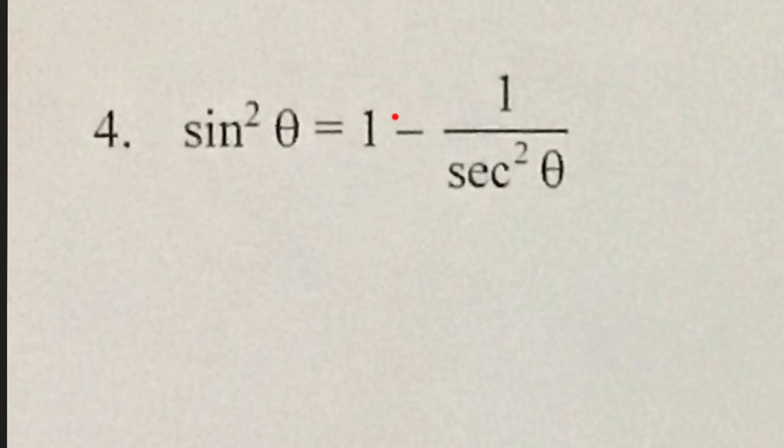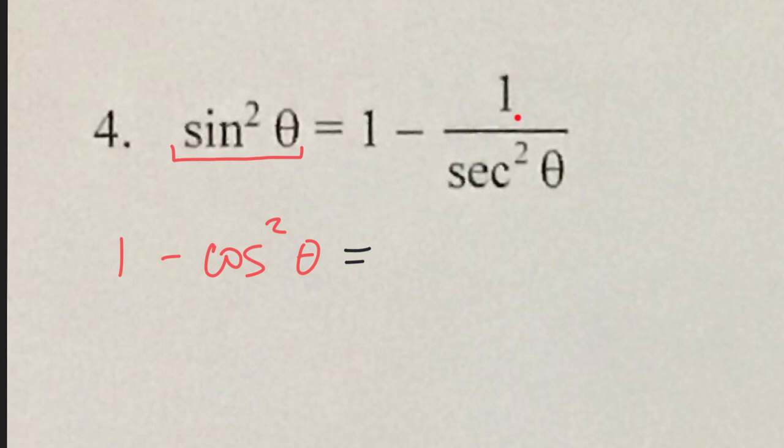Because of that Pythagorean identity, I can replace sine squared with 1 minus cosine squared. Sine squared plus cosine squared equals 1, so sine squared equals 1 minus cosine squared. I needed a 1 in my answer, and I have it. I need a minus sign, and I have it.